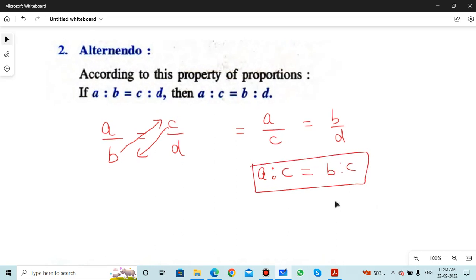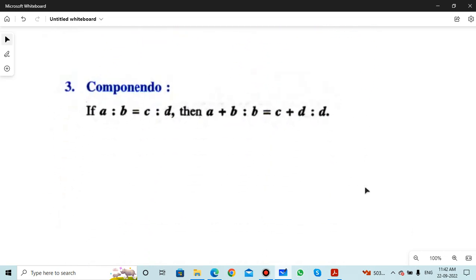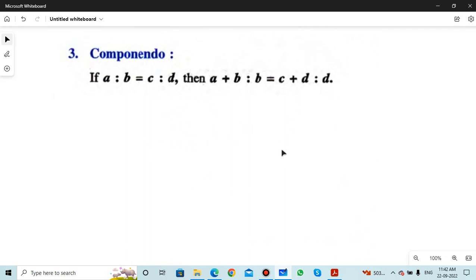Next comes componendo, an important one for you. Componendo is basically adding 1 to the ratio. When we add 1 to the ratio, A is to B can be written as A upon B, and that is equal to C upon D. So add 1 to both sides.